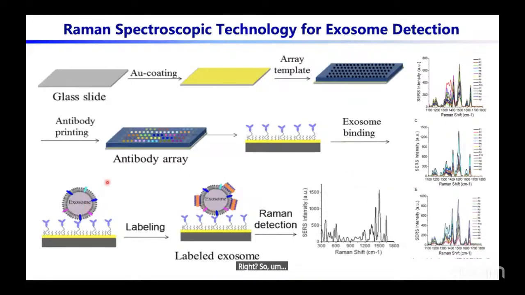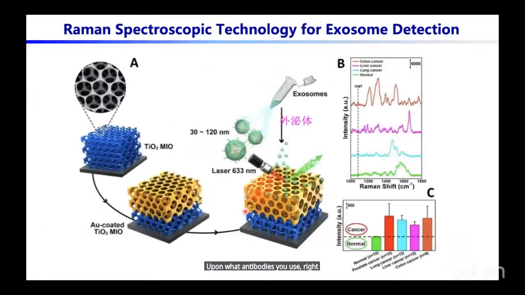So it can be quite individualized. Each array can attract quite a number of exosomes of different types. The types depend on what antibodies you use, right?